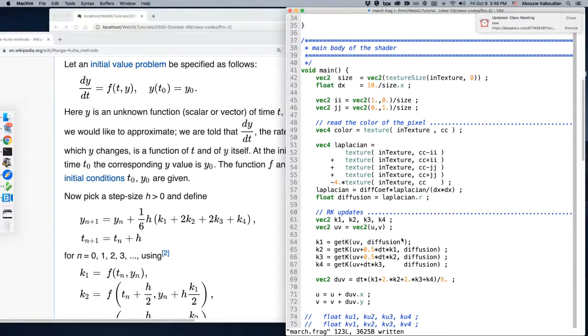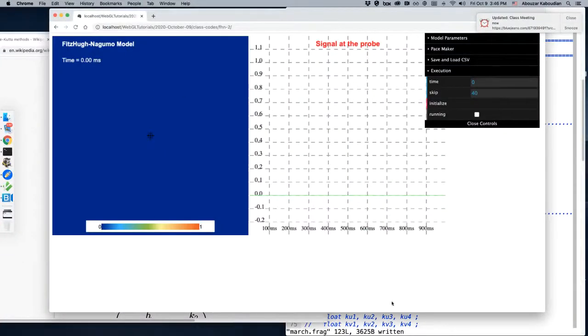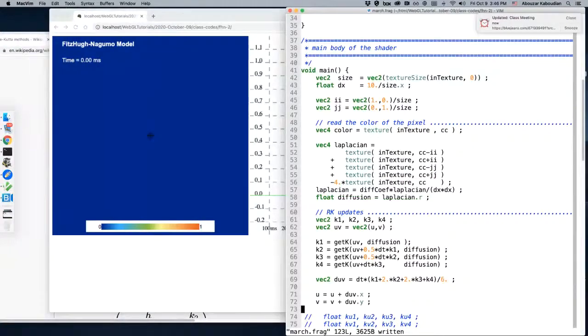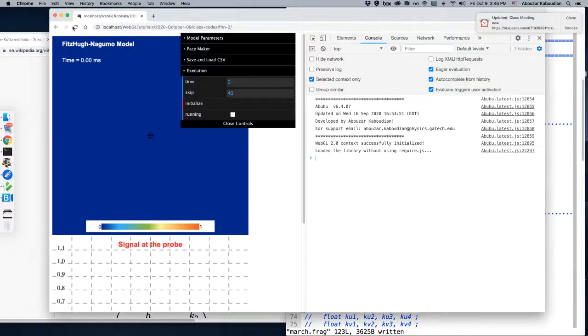That makes the implementation much more similar to what we had in here. It's much closer to the original mathematical formulation. Let's see if I didn't mess up anything. It should work.